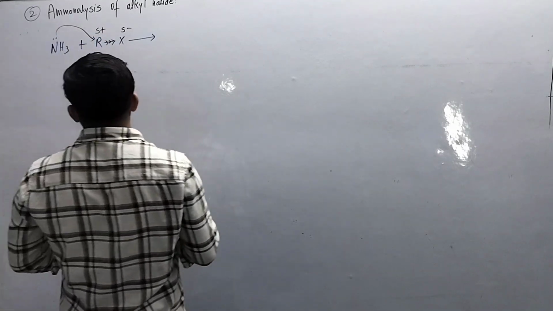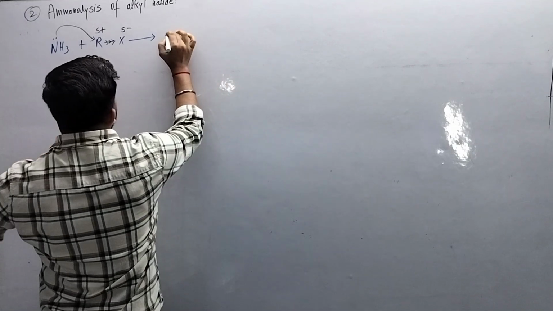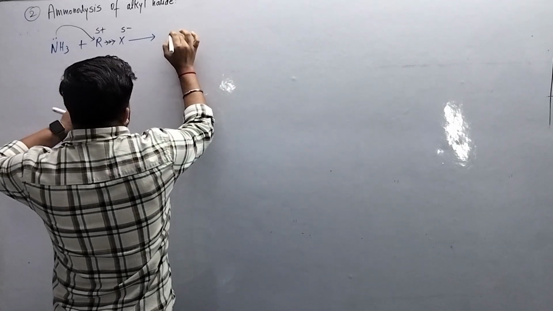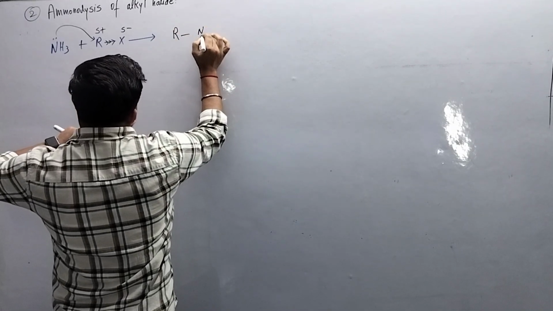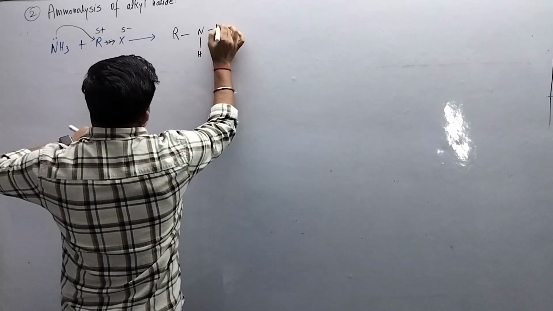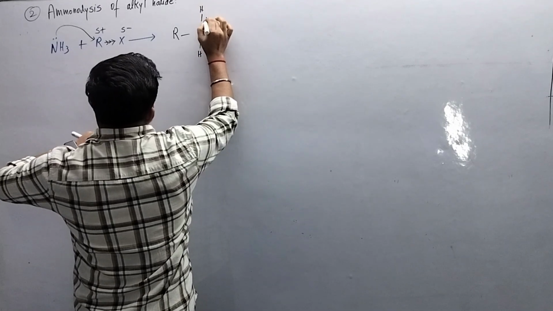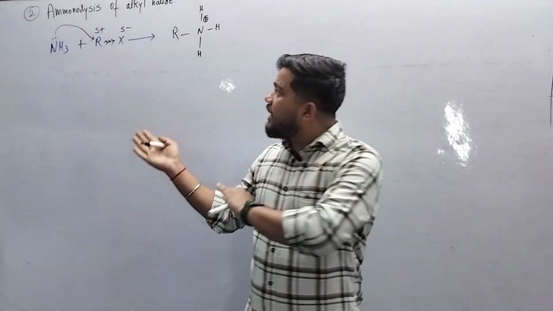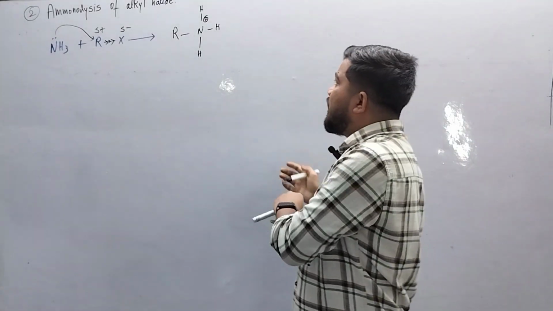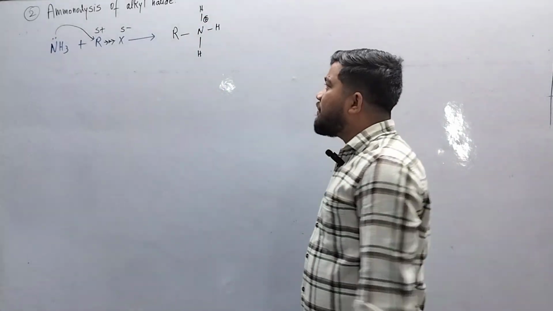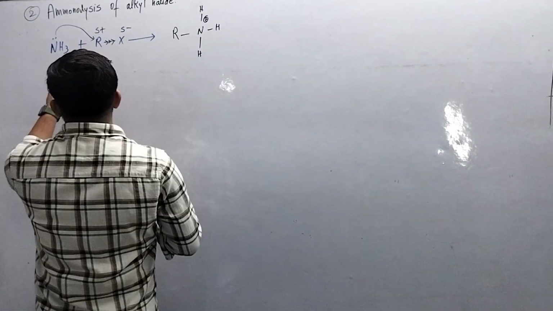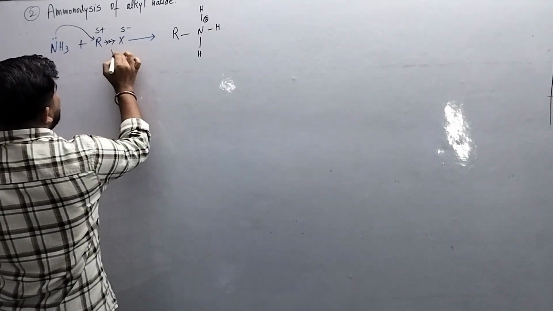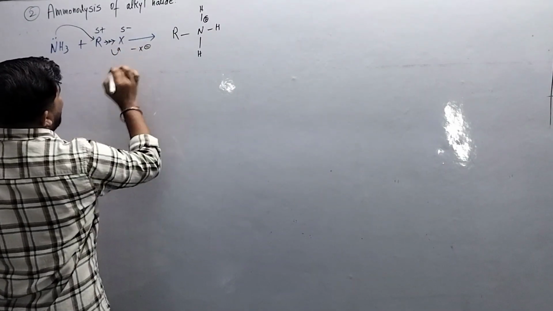And the product will look like R, N, H, H. Nitrogen donates its lone pair in ammonia, so it acquires a positive charge. As the nucleophile attacks, the leaving group X minus departs.